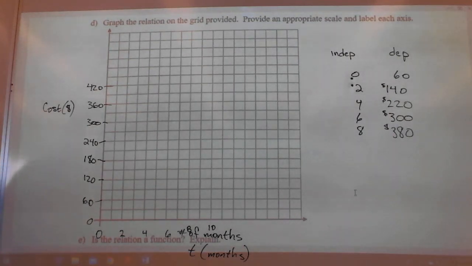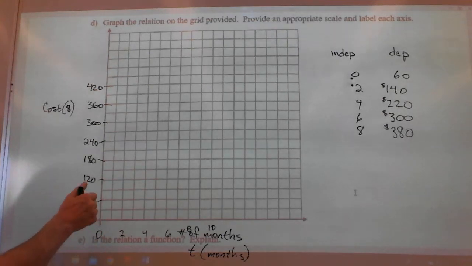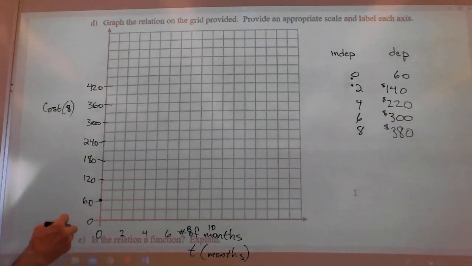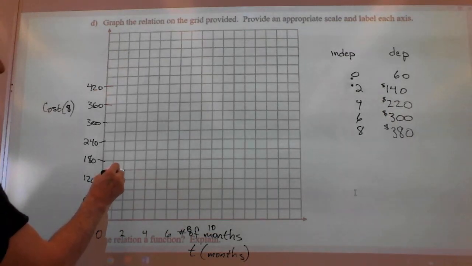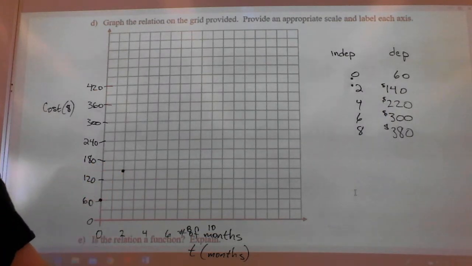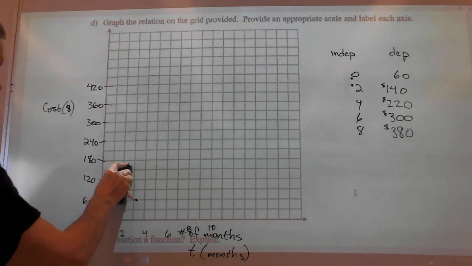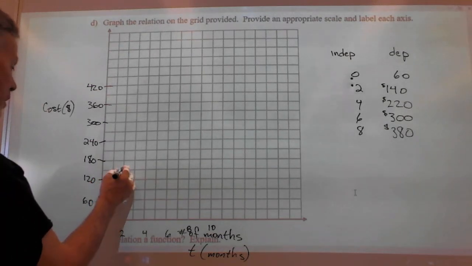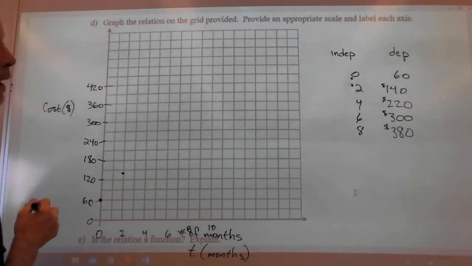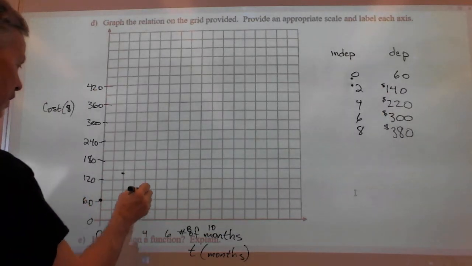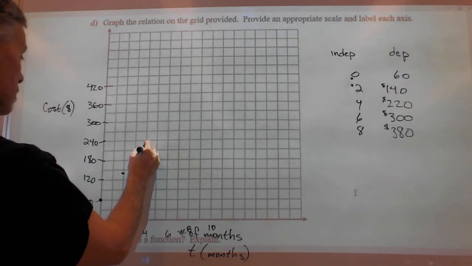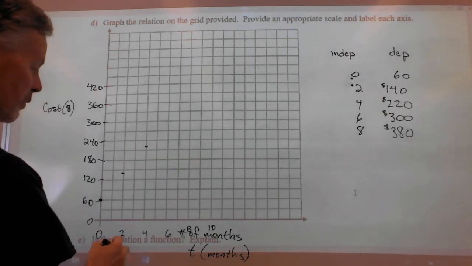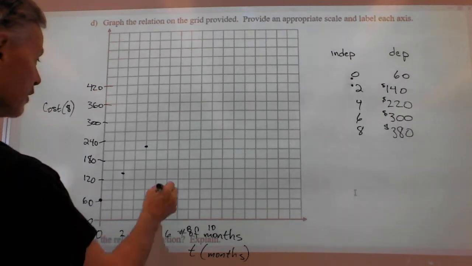Plot your points. At 0 months, we pay $60. At 2 months, we pay $140. At 4 months, it's $220. At 6 months, it's $300.